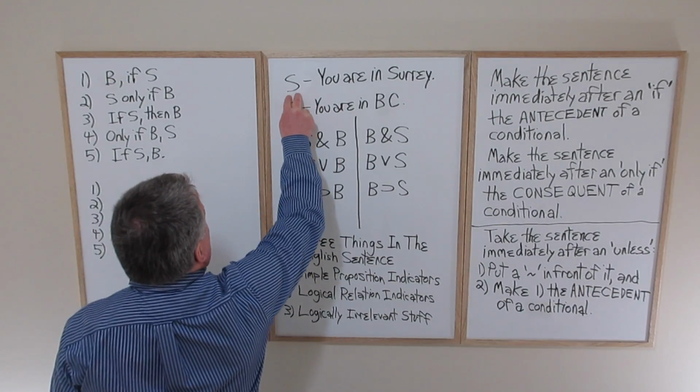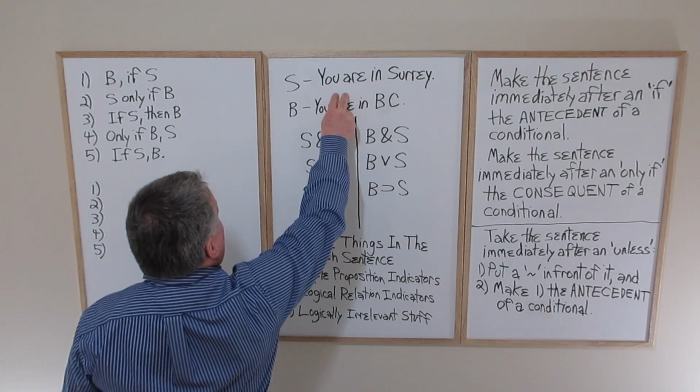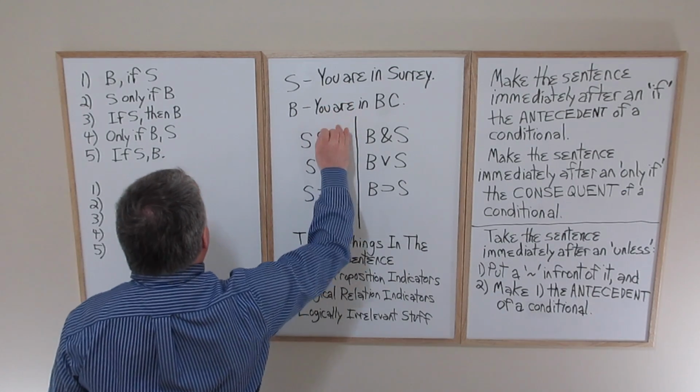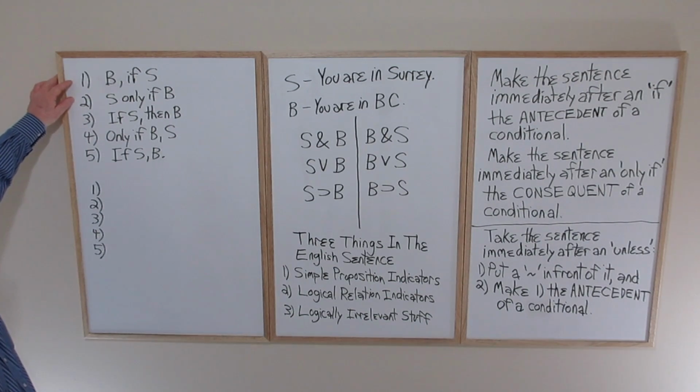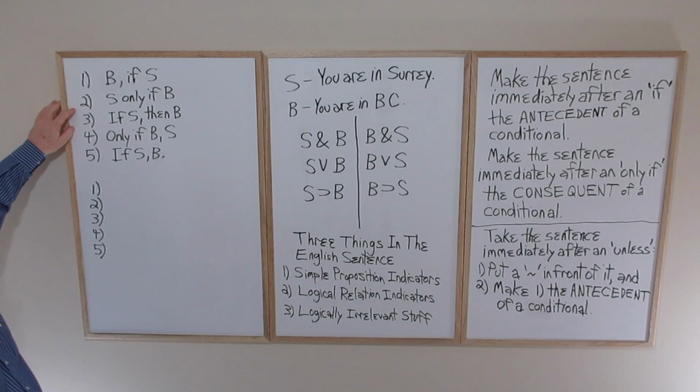So if we have capital S stand for you're in Surrey, capital B, you're in British Columbia, we could have the following five sentences. You're in British Columbia if you're in Surrey. You're in Surrey only if you're in British Columbia. If you're in Surrey, then you're in British Columbia.